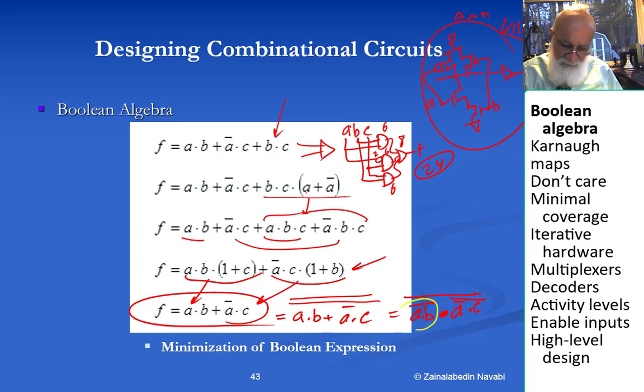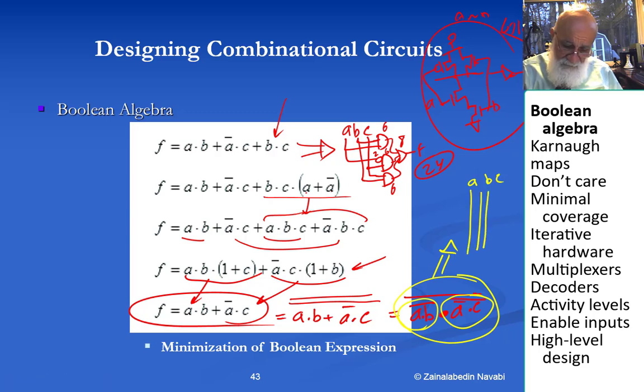This is an AND, this is an AND, and this is an AND, and the new circuit becomes A, B, C, an AND for AB, an AND for A bar C, and an AND for the result.